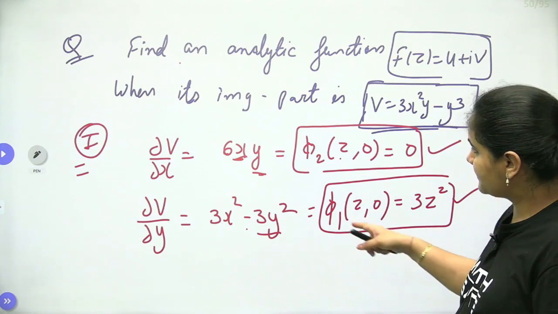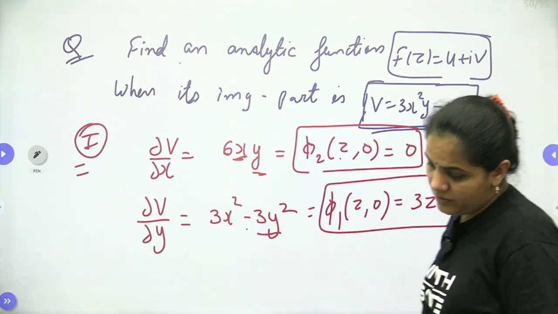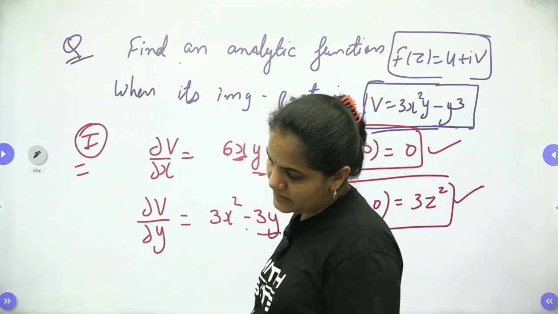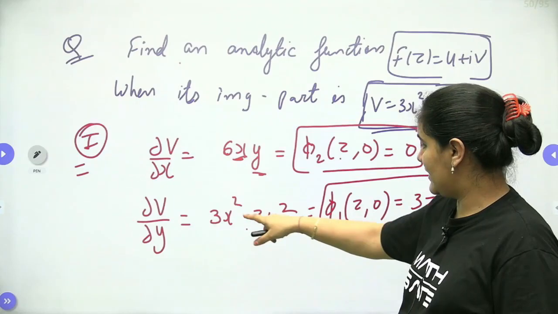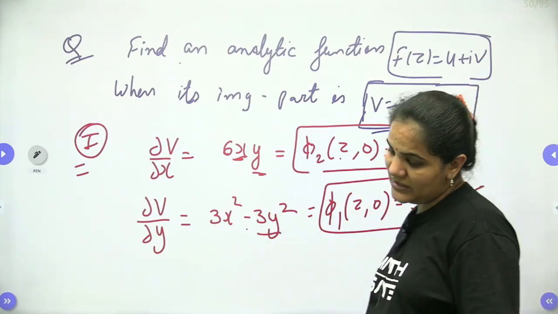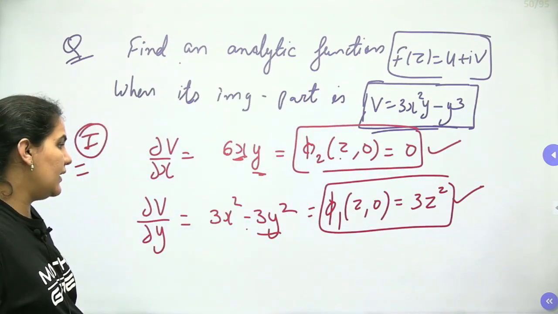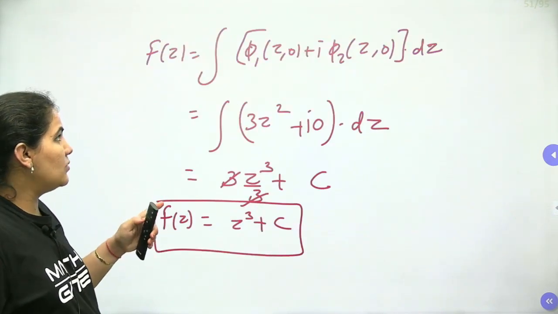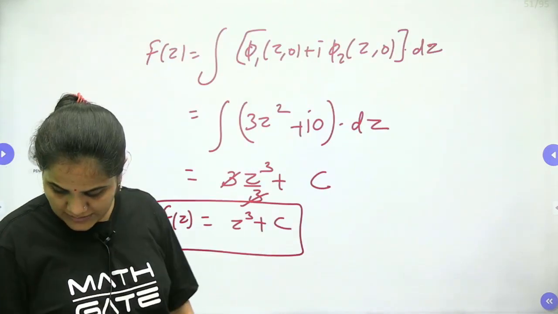We can check: the question was 3x square y minus y cube. When we differentiate with respect to y, it will be 3x square minus 3y square, so it will be 3z square only. When you integrate this with respect to z, 3z square, it will be z cube plus c. So this will be your function only, guys.